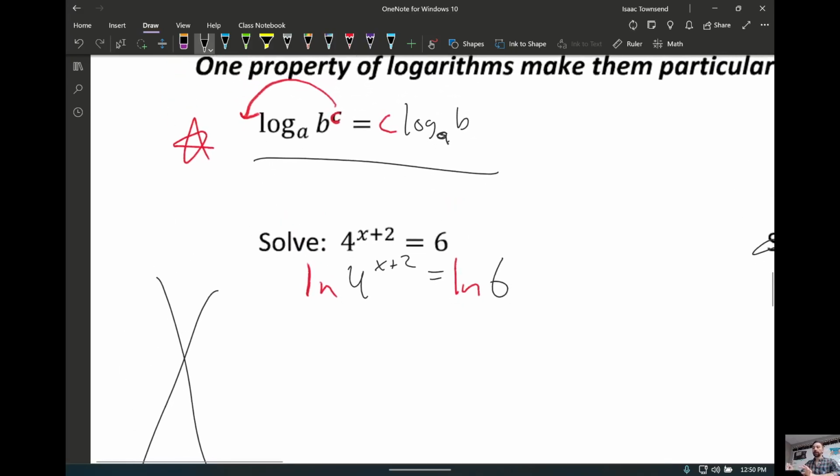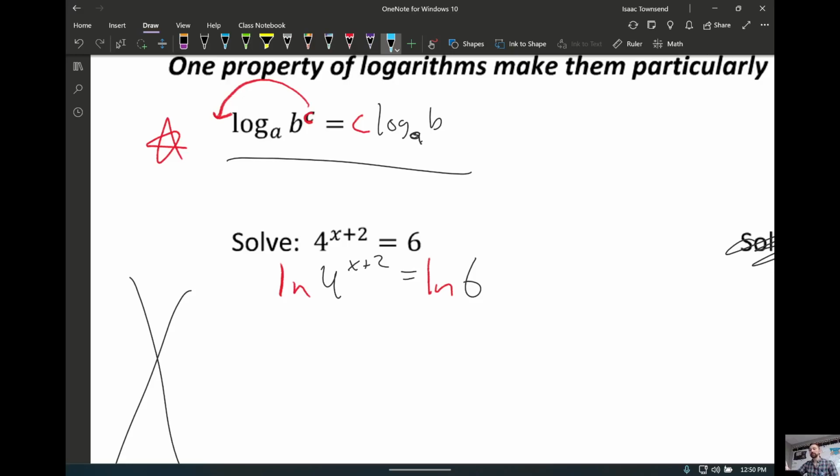And the reason why you do that sometimes is because now the x plus 2 is an exponent on something I'm taking the log of. So the x plus 2 can come down out front. That's what this property says.